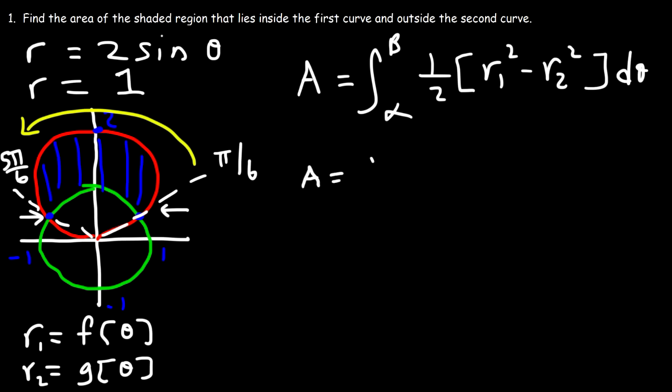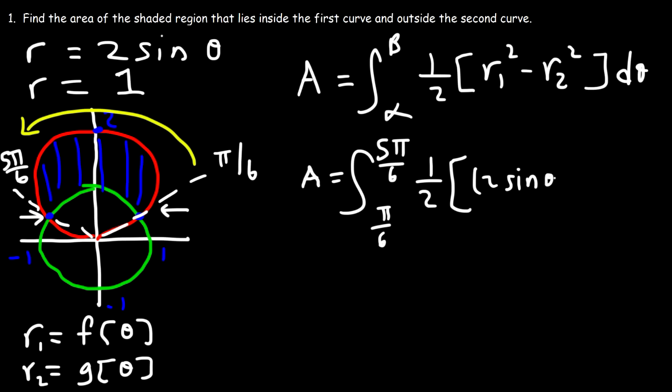So now let's get our answers. Alpha is pi over 6, beta is 5 pi over 6, and then it's 1/2 r1 squared, so that's 2 sine theta squared, and r2 is 1, and then d theta.